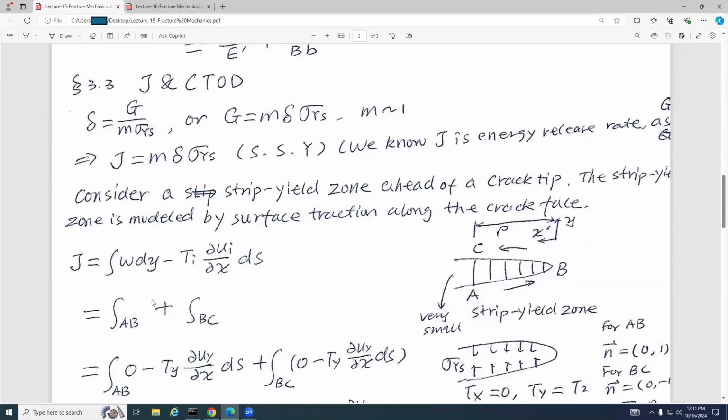I want you to know that. The strip yield zone is another approach. And in this approach, we want to investigate how much energy is needed to close part of the crack. If I know this, then I will know it for the original one, okay?